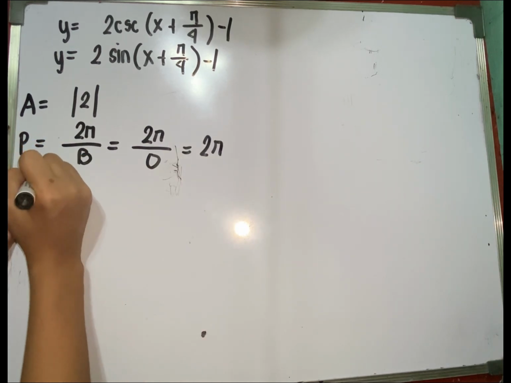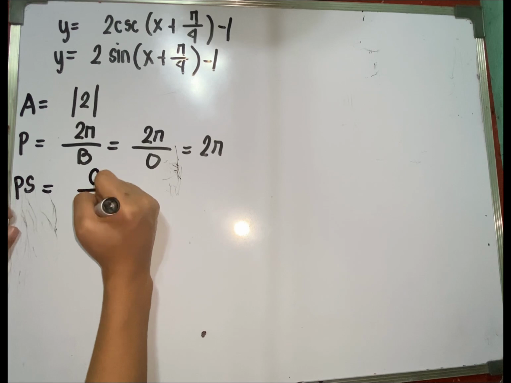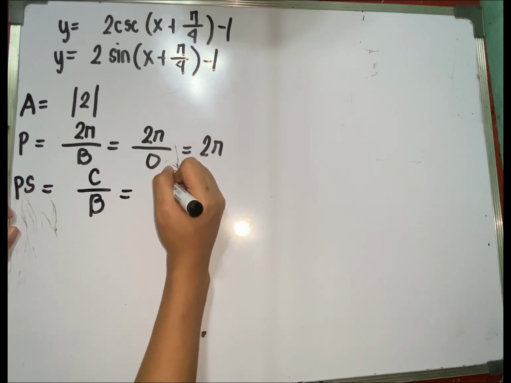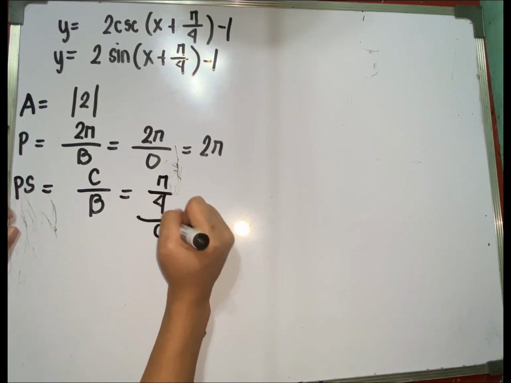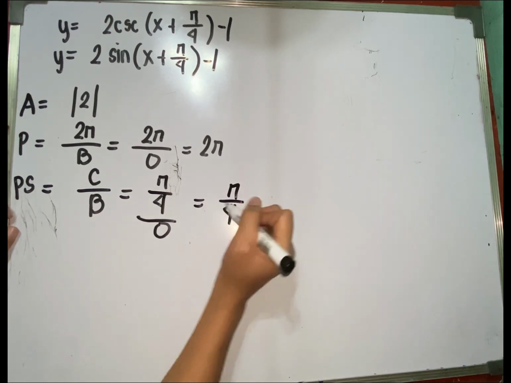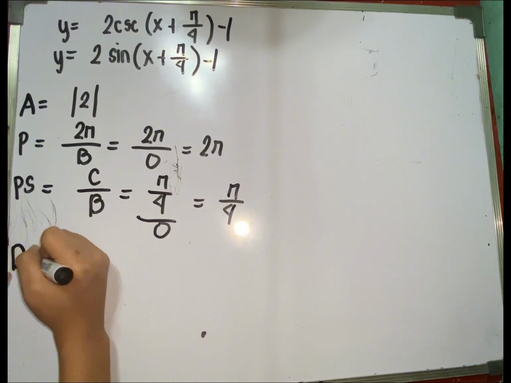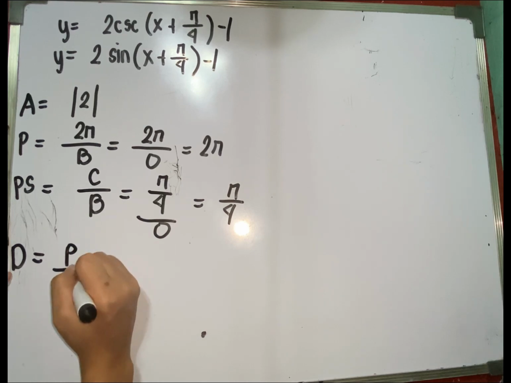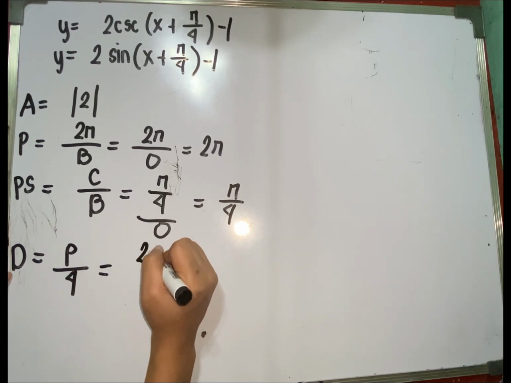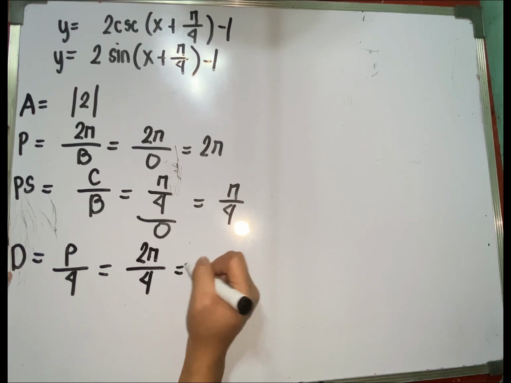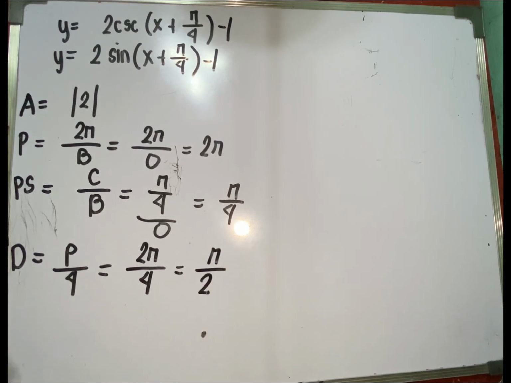Our phase shift is c over b. Our c is pi over 4, and our b is 1, so we have pi over 4. And for the distance of each key point, it is period over 4. Our period is 2 pi over 4, okay, it is pi over 2.